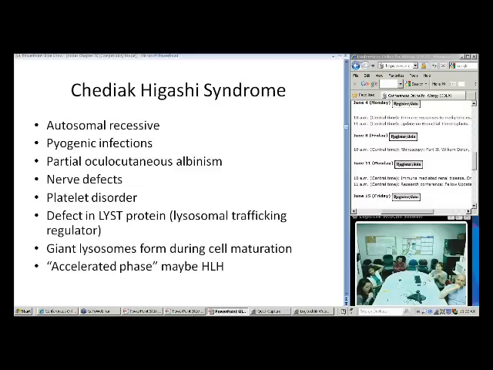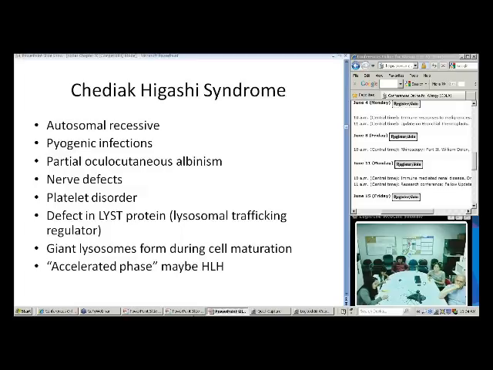All right. Chediak Higashi syndrome, another autosomal recessive syndrome, is known for pyogenic infection associated with partial oculocutaneous albinism, nerve defects, platelet disorder, and the defect is in the LYST protein. So LYST stands for lysosomal trafficking regulator. So what happens is giant lysosomes form during cell maturation, and we're going to take a closer look at that in a second.